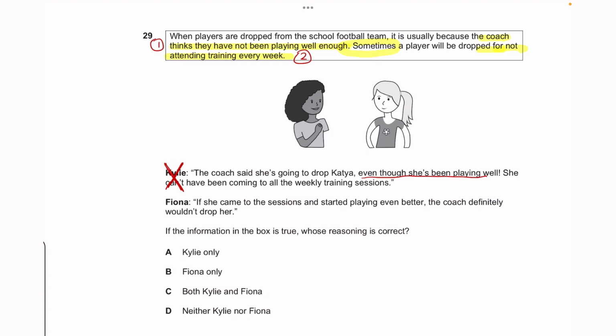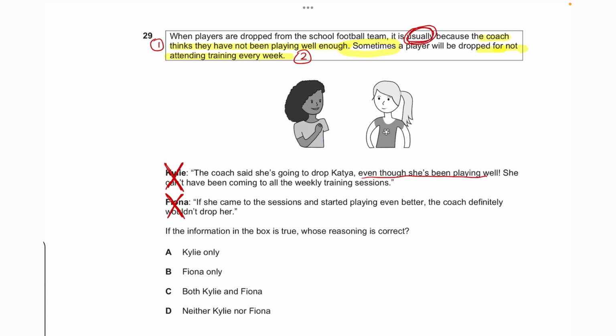And so let's have a look at Fiona's reasoning as well. Fiona says if she came to the sessions and started playing even better, the coach definitely wouldn't drop her. And so if we have a look here, even Fiona's reasoning is incorrect as well. Because once again, we don't know. There could have been another reason, because another key thing here is to do with modality with the words.